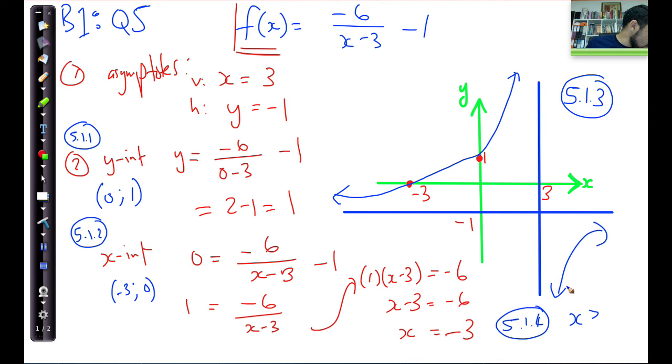Let me just double check. Do they ask you if it's equal to? No, just greater than 0. It's positive. The y value is positive from here onwards. So it's just greater than -3. And that should be it. X is an element of the reals. Okay.